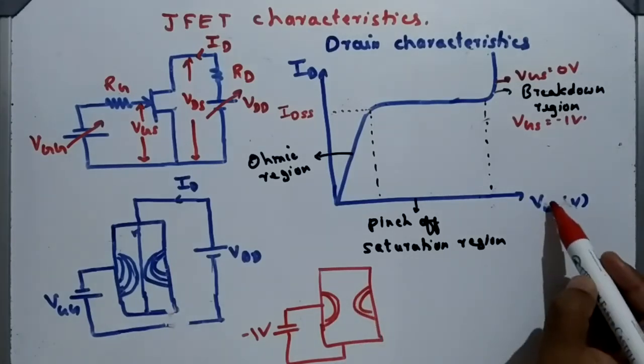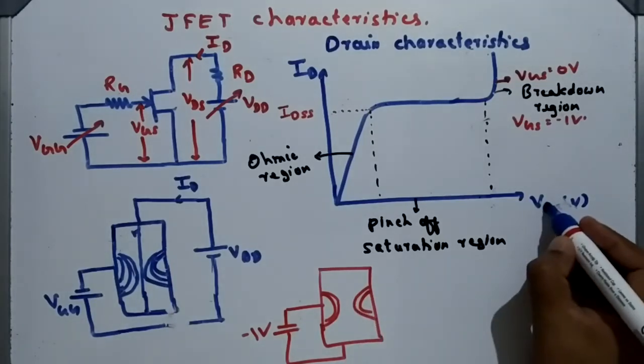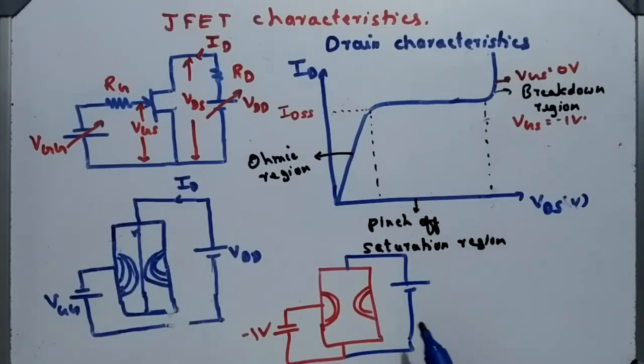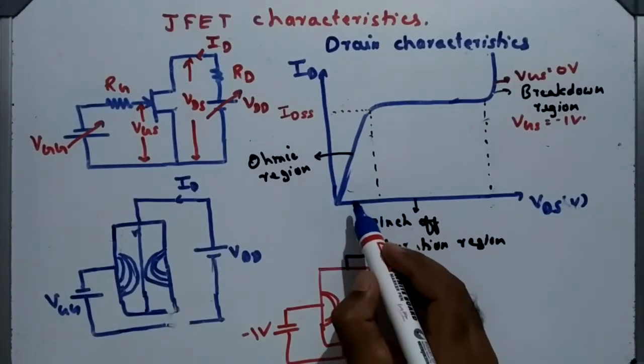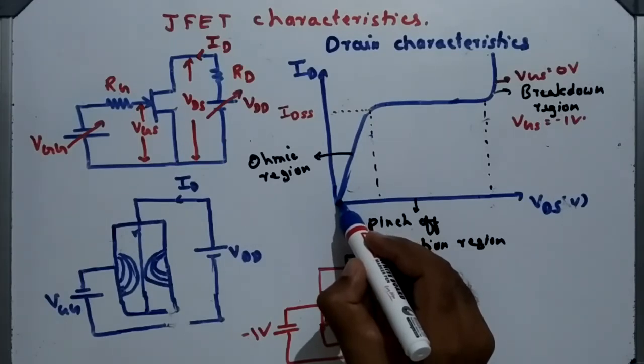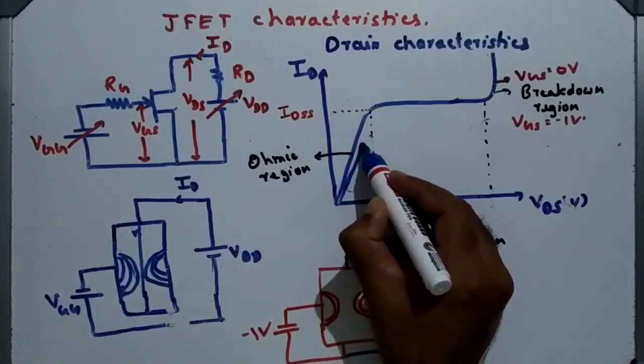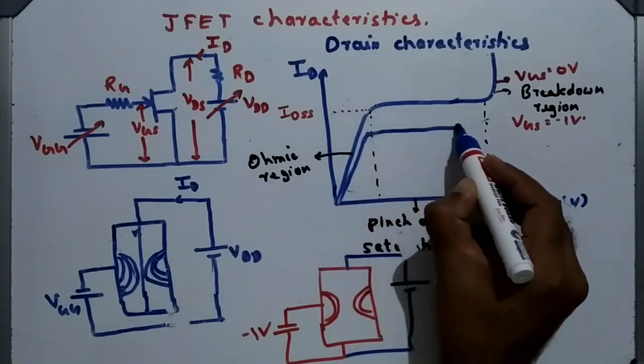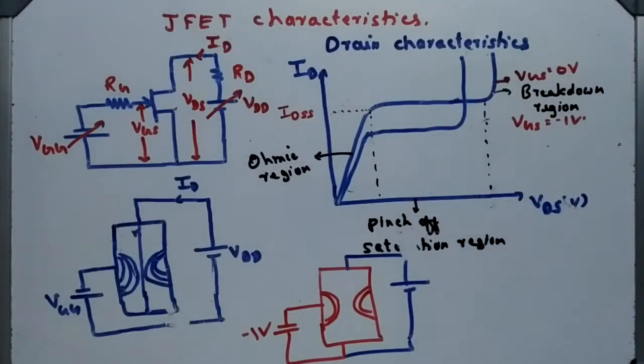Now when you vary VDS, compared to VGS equal to 0, for a particular value of VDS less current flows, because there will already be some amount of reverse bias. But still it acts as a resistor. Therefore we get this graph, and it attains breakdown early. So this is for VGS equal to minus 1 volt.